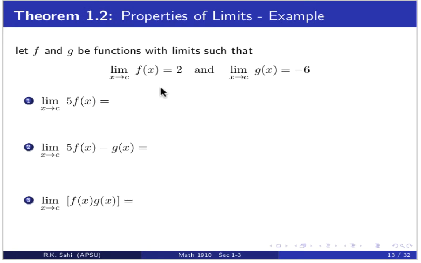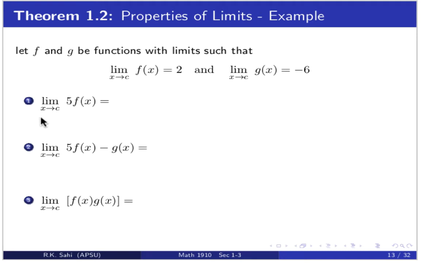Okay, now let's look at properties of limits and how they can be used in different ways. So this example is, if you are given two functions with limits such that the limit of f(x) as x approaches c is 2, and the limit of g(x) as x approaches c is minus 6. Now you do not have to worry about what the f's and g's are or what your c is, you just look at the bigger picture here.